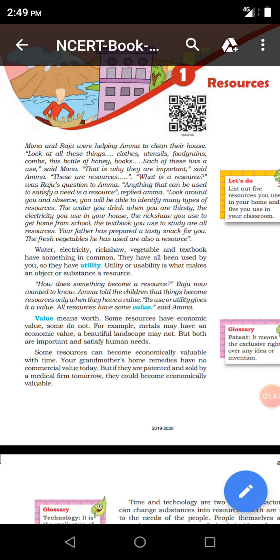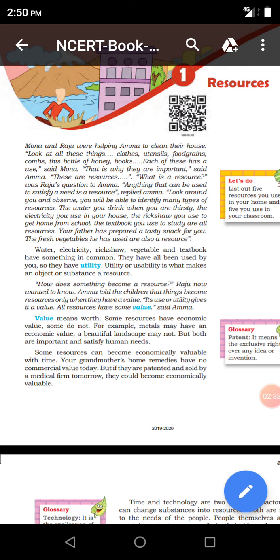Value may be economical or not, such as metals like gold, silver, iron have some value, but a beautiful landscape may not. Both are important for us because they satisfy our human needs. Some substances can be changed with the help of two important factors: time and technology.